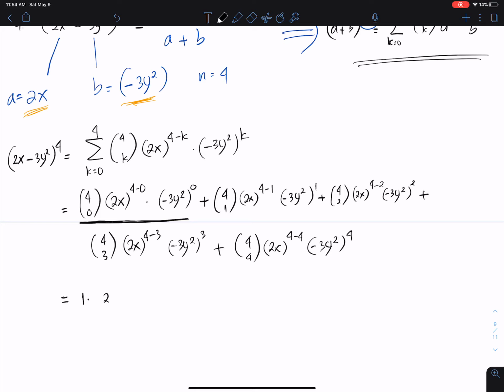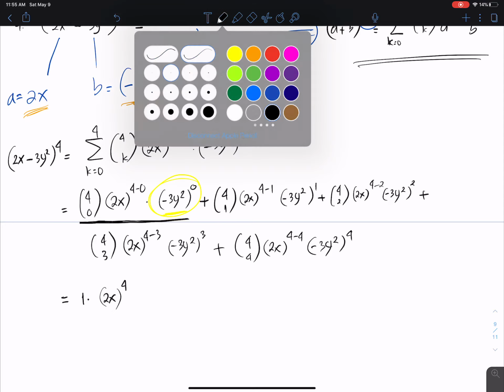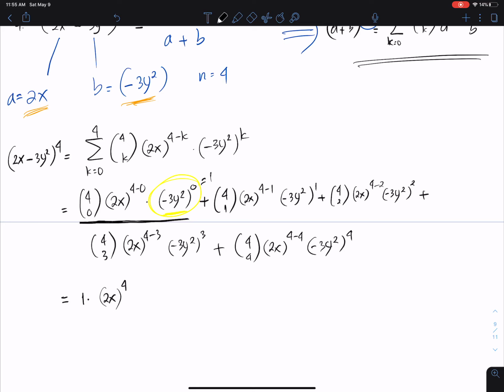And then 2x to the power of 4 minus 0 is 4. The next one is minus 3y squared to the power of 0, which will be equal to 1, because anything to the power of 0 equals 1. So I will put 1 in there so that you know exactly, one by one, all the numbers.